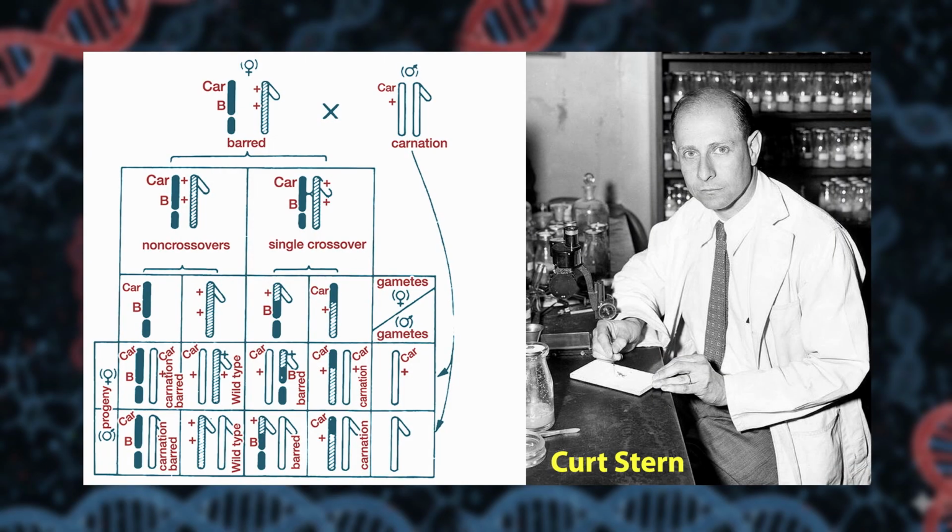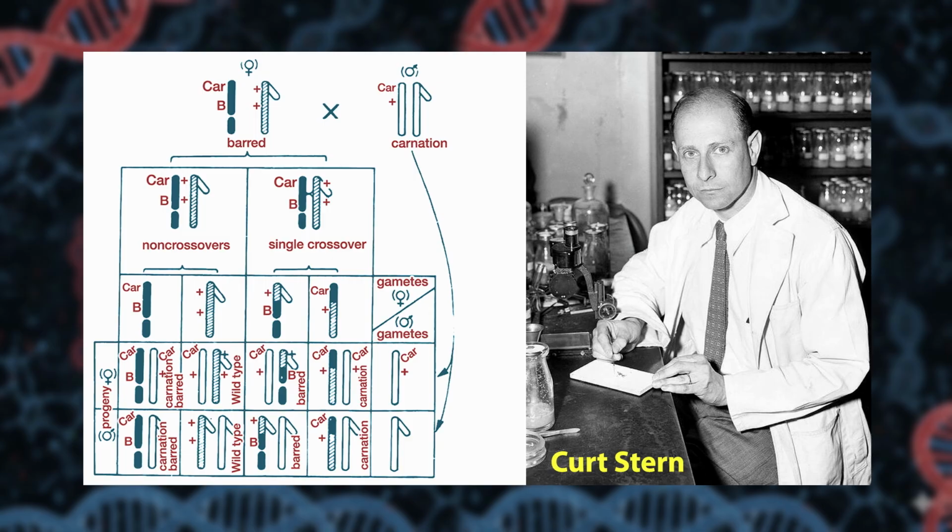The first cytological evidence of crossing over was provided by Curt Stern in 1931 in Drosophila. He used females with morphologically distinct X chromosomes, one broken X carrying the carnation eye color allele and the dominant bar allele, and the other with a segment of Y attached, carrying alleles for normal red and oval eyes.